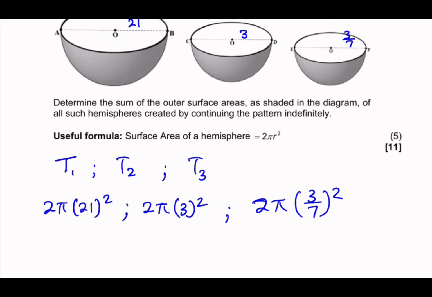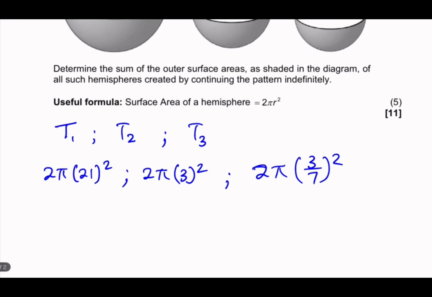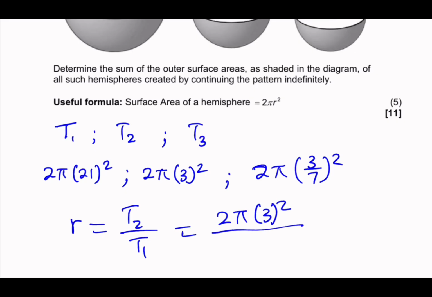If we take r, which we can find as t2 over t1, just so we know what the ratio is, that's going to be 2 pi times 3 squared divided by 2 pi times 21 squared.